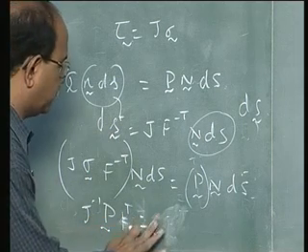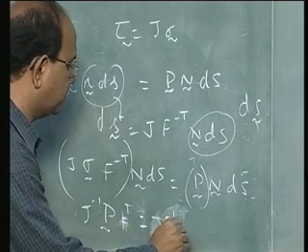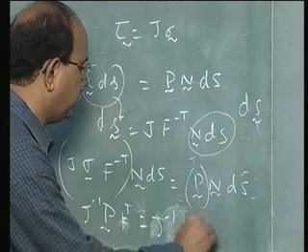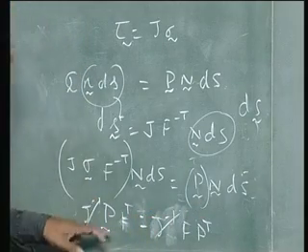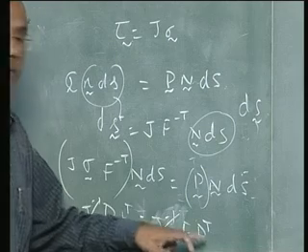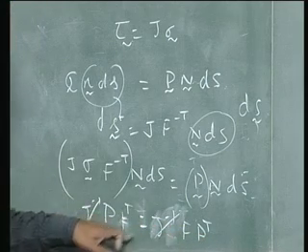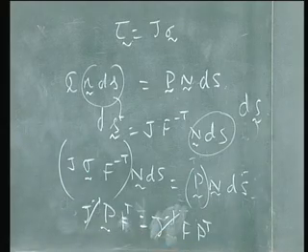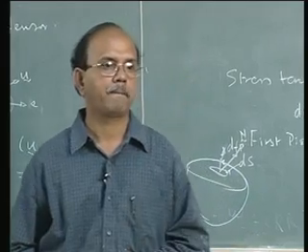Since sigma is symmetric, this becomes J inverse F P transpose, which means P F transpose is equal to F P transpose. Not P equal to P transpose, but P F transpose equal to F P transpose, which means the first Piola-Kirchhoff stress is not symmetric.